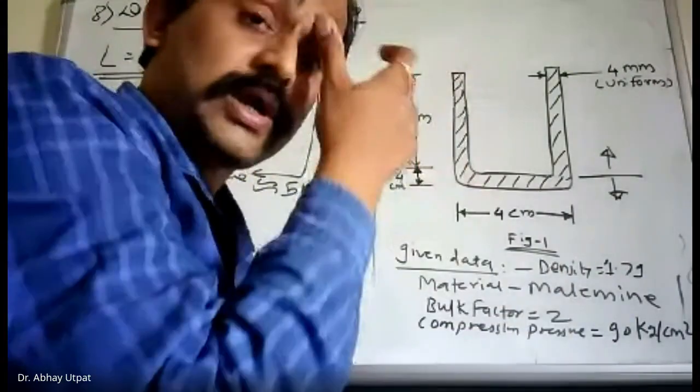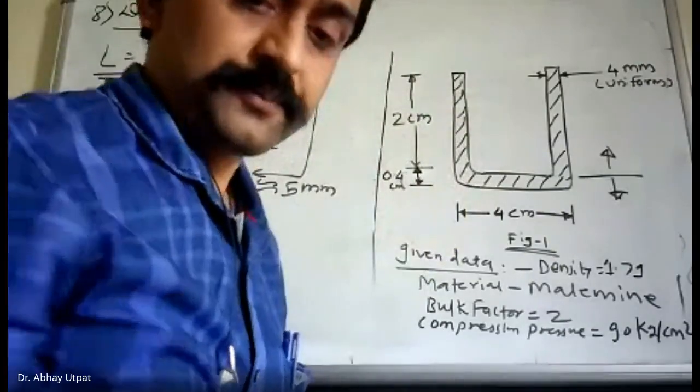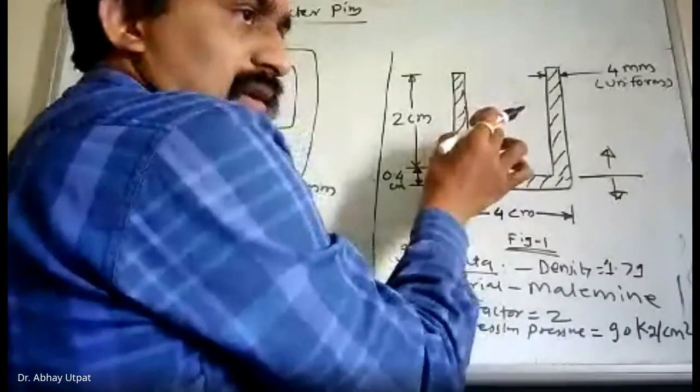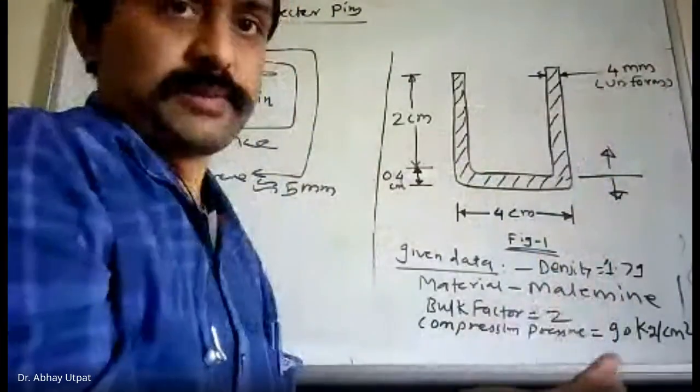That also I taught you in the previous class. Hence, our thickness is 4 millimeter, which means 0.4 centimeter.